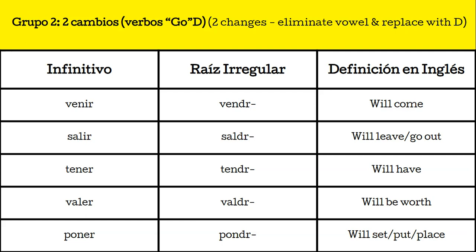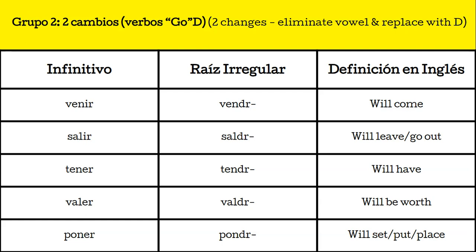Salir, I will go out with my friends, saldré con mis amigos. We will have homework, tendremos tarea. It will be worth a lot of money, valdrá mucho dinero, and they will set the table, pondrán la mesa.